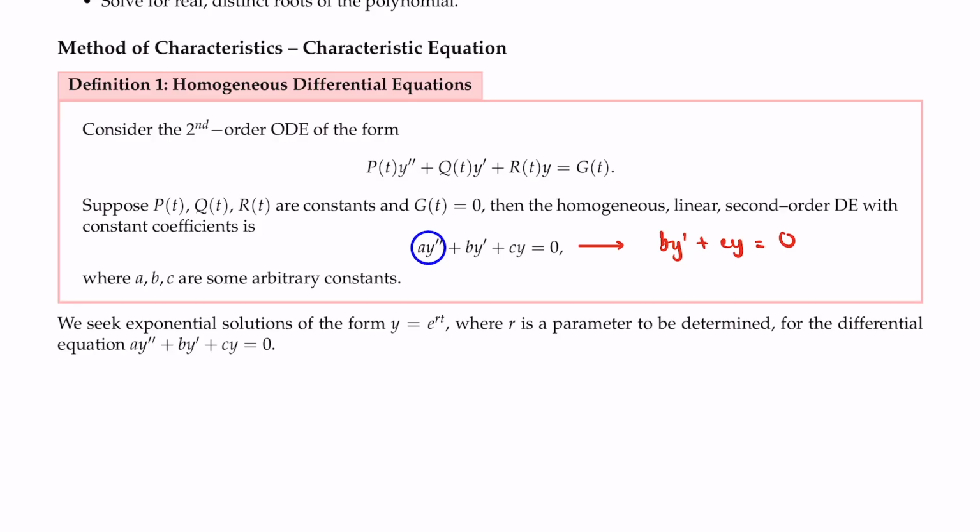Then you can use separation of variables to solve this particular equation, and you get y prime equal to negative c over b times y, or you can just use some capital A times y. So this is y prime equal to A times y. It looks like an exponential growth model, or an exponential decay model. That means that the solutions of this equation are going to give you exponential functions.